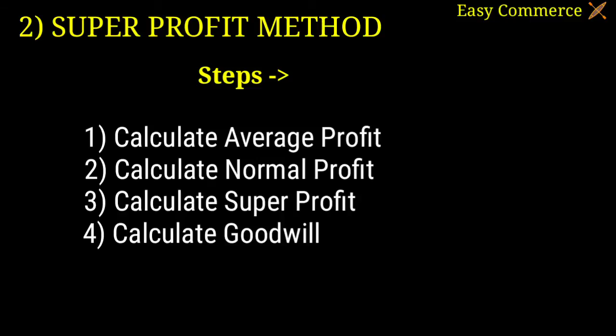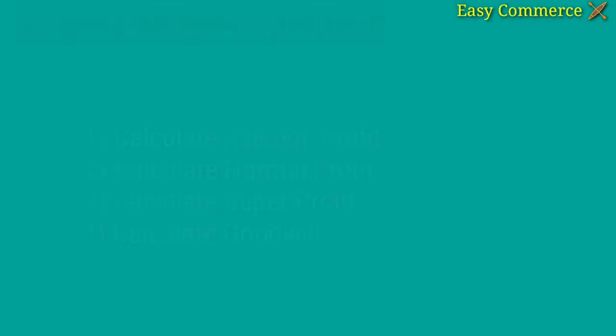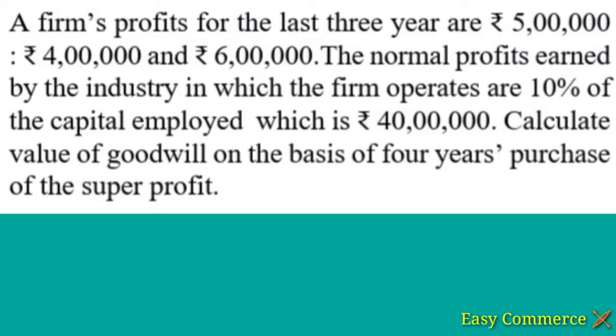Now we can solve a problem under this method. A firm's profits for the last 3 years are rupees 5 lakh, rupees 4 lakh and rupees 6 lakh. The normal profits earned by the industry in which the firm operates are 10% of the capital employed, which is rupees 40 lakh. Calculate the value of goodwill on the basis of 4 years purchase of the super profit.